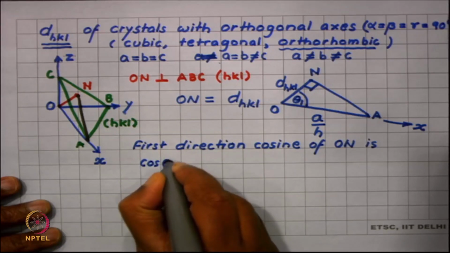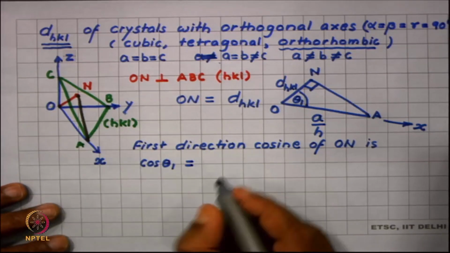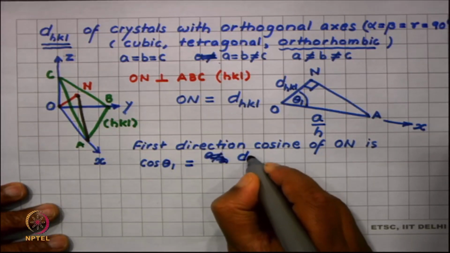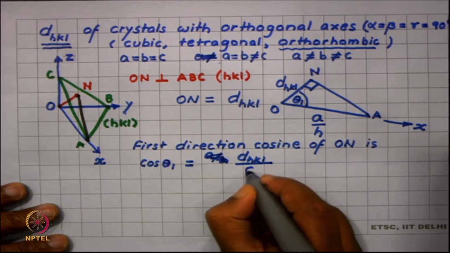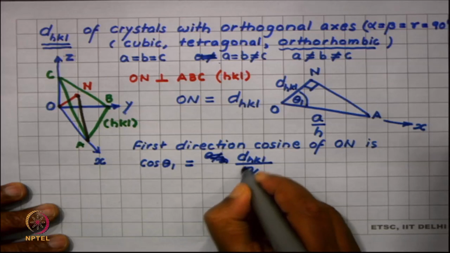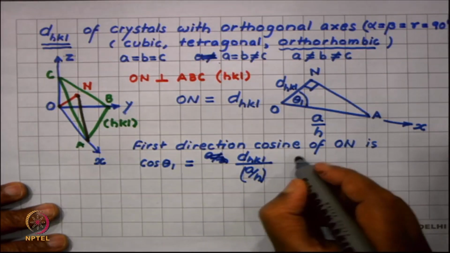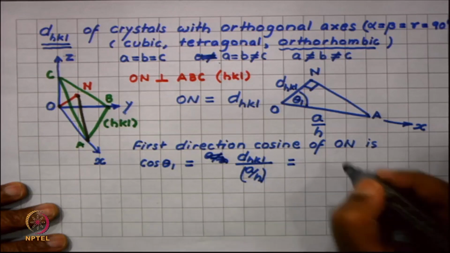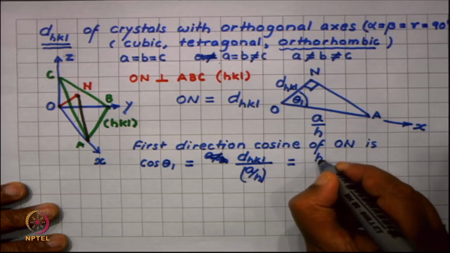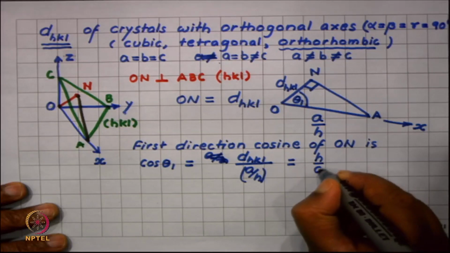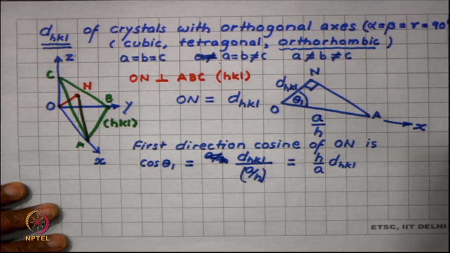So, this is cos theta 1, which is nothing but the base d_hkl by the hypotenuse, which is a by h. So, d_hkl by a by h, which we can write as h by a times d_hkl.